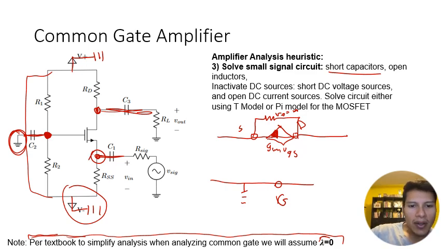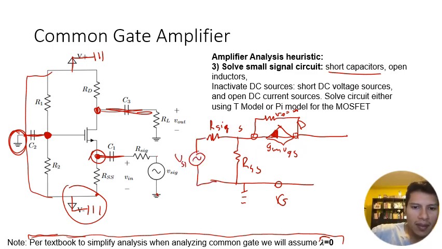And our source terminal has RSS connected to it, which is then connected to ground. And then it's got R sig, which is then connected to V sig and then to ground.